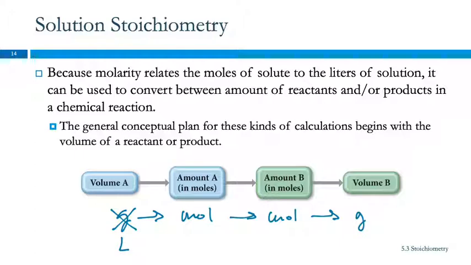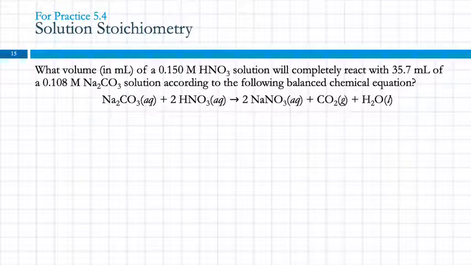I know the concentration, so I can convert from liters to moles using the molarity, and then moles to moles using the coefficients from the chemical equation. And then I might want to find the mass of something at the end, or I might want to find the volume. But it's a variation on grams to moles to moles to grams, where we're using molarity instead of molar mass as the conversion factor. So let's do an example.